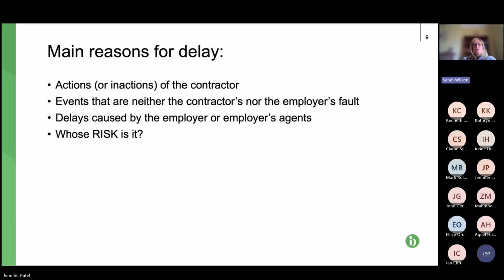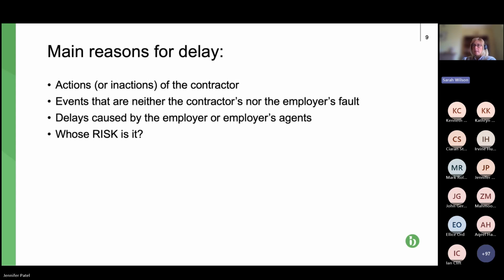So in terms of reasons for delay, this is thinking about risk. Generally speaking, what we need to bear in mind is that a contract will set out who bears the risk for certain things within the contract. What I've tried to do is separate it out here.